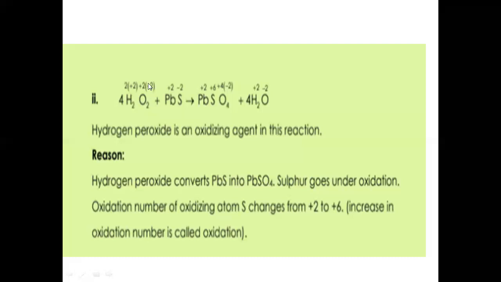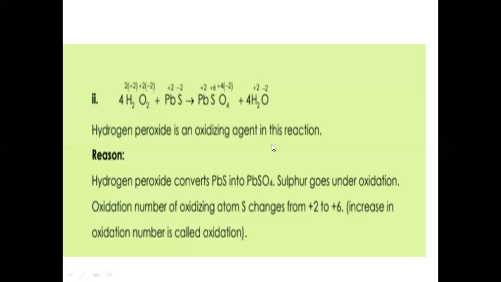So oxygen from -1 is converted into -2, so it decreases because -1 is bigger than -2. So oxygen in this case undergoes reduction, so hydrogen peroxide will act as an oxidizing agent.